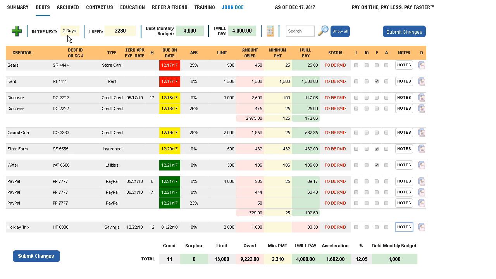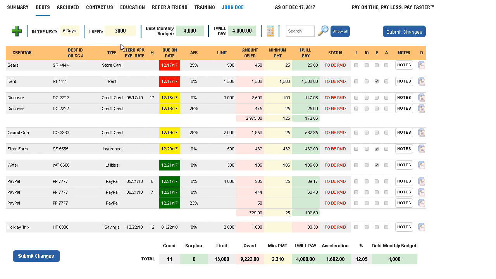Also here you have how much money you have to pay in X number of days. Usually it gives you 2 days, but you can put any number here, and then it will calculate how much money you need to have available to pay in the next 5 days and so on, or any number of days that you put, and this is important.